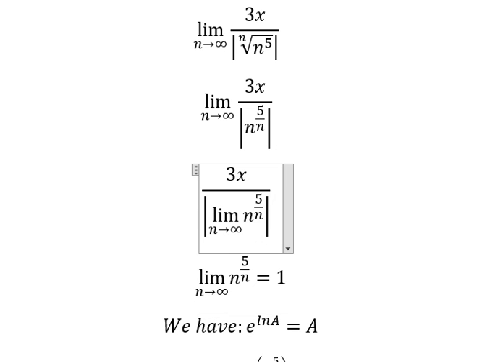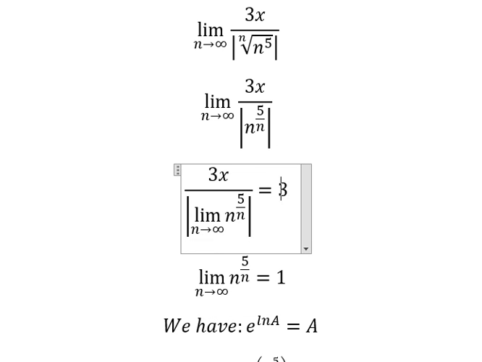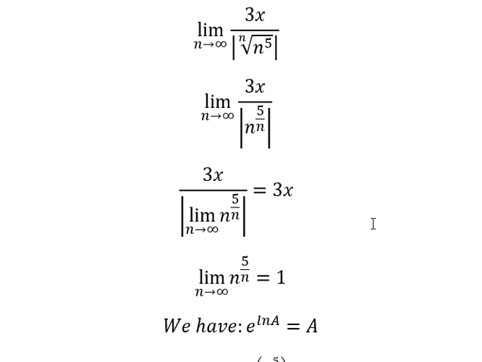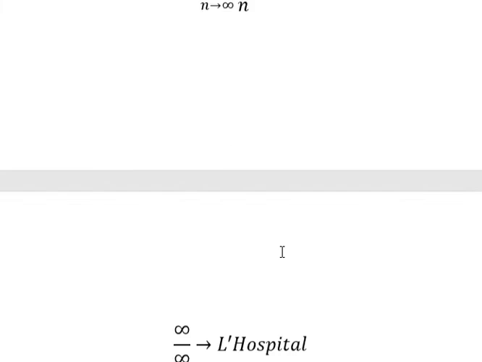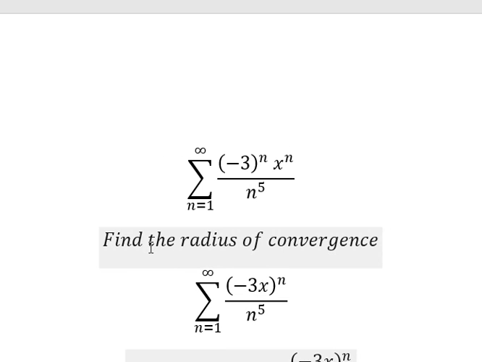So if we simplify, you get 3x. We know that we want to find the radius of convergence.